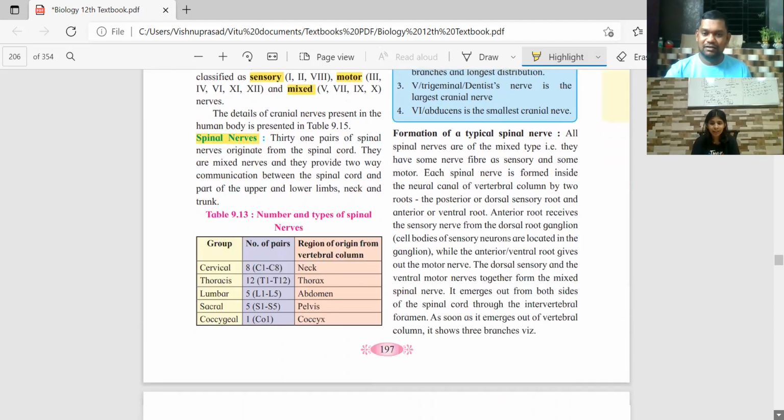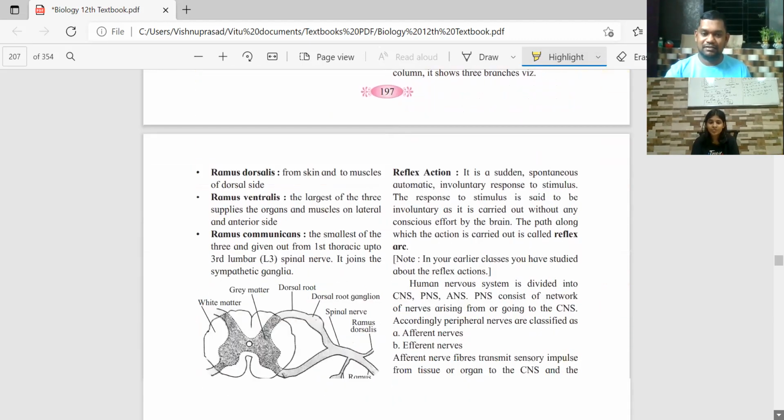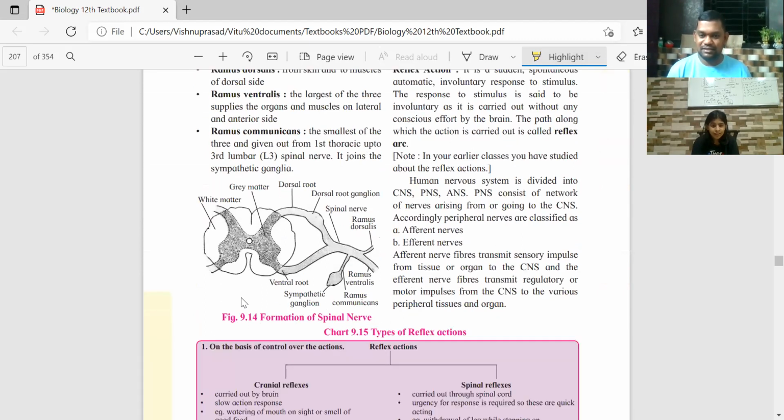Spinal nerve once again. Now look here at how a spinal nerve is formed. See this diagram. It's very clear now. You are seeing the section of a spinal cord. You know very well, dorsal root, ventral root. Now this dorsal root at the back side will form a ganglion, an aggregation of cell bodies.